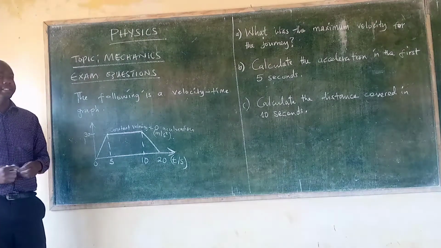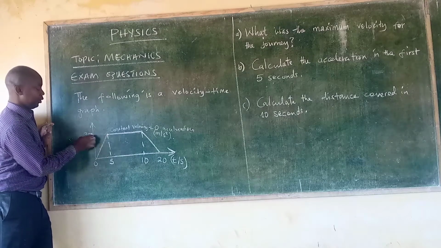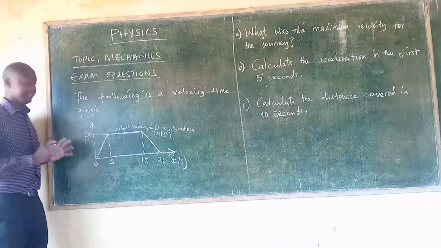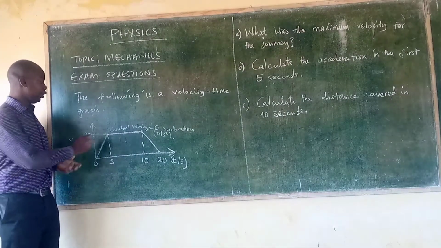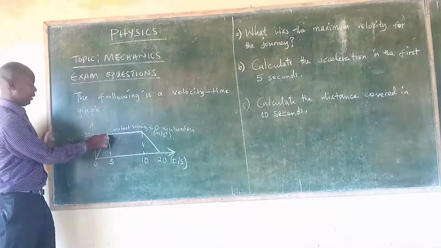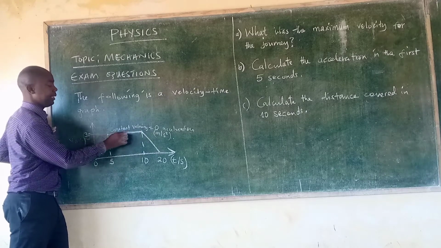Correct. So from 0 to 30, this is the maximum velocity reached, because we don't have any velocity going beyond 30. This was maintained.